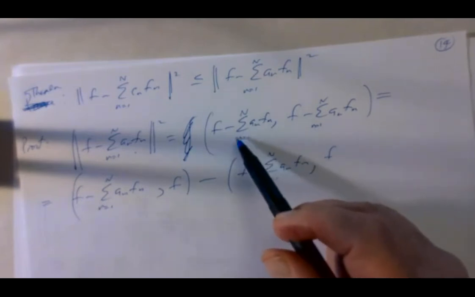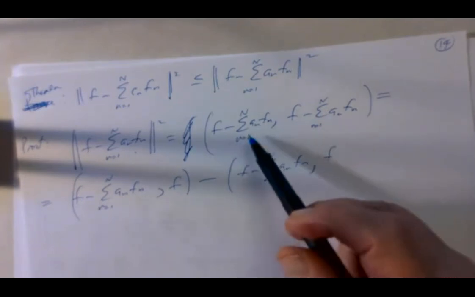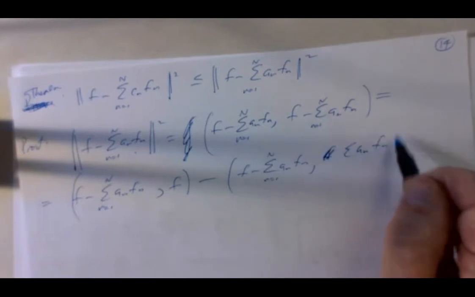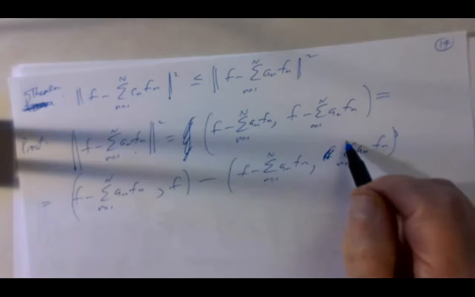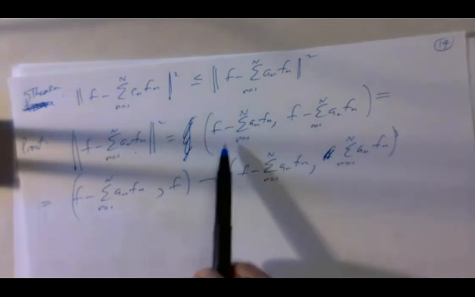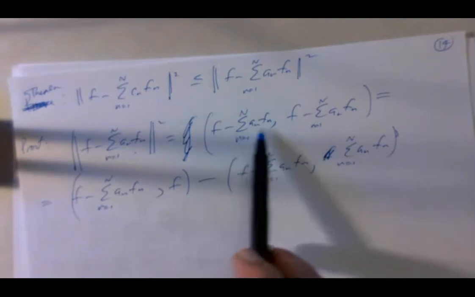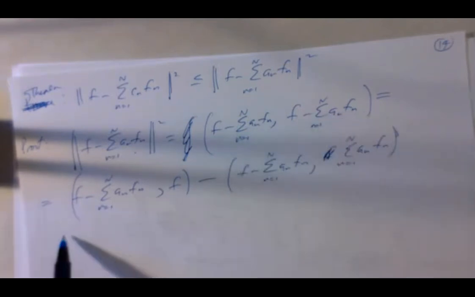It's this inner product with f minus this inner product with this.